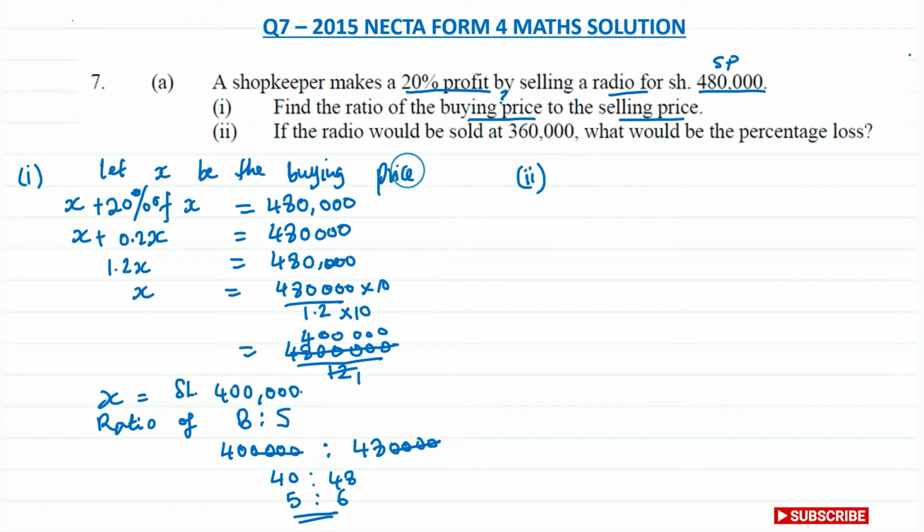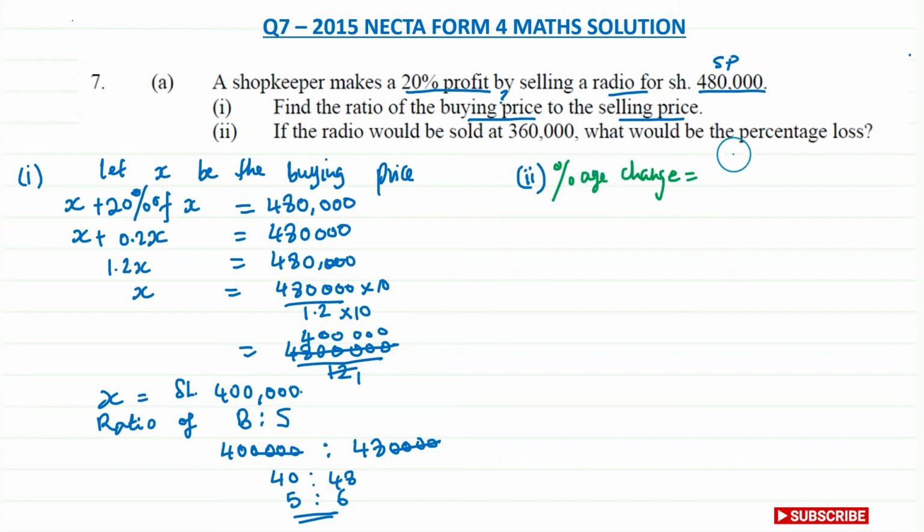For II, we're told if the radio would be sold at 360,000 shillings, what would be the percentage loss? Of course, they would have lost 40,000 shillings because they bought it at 400,000. So percentage change is given like this, whether it was a loss or a gain.